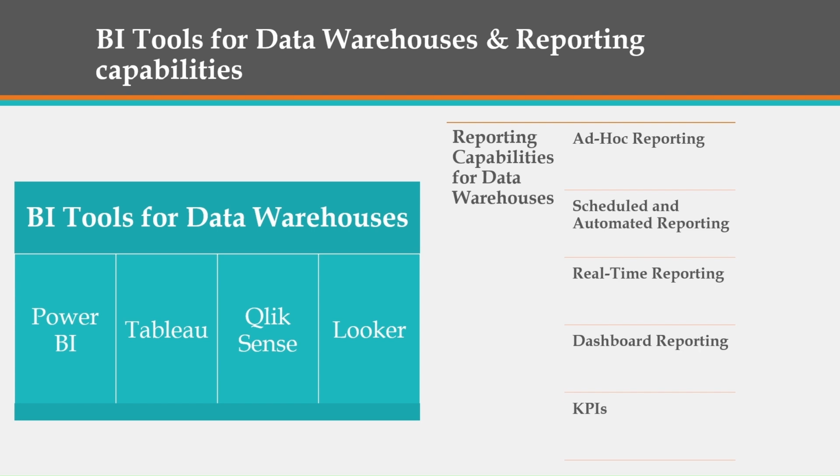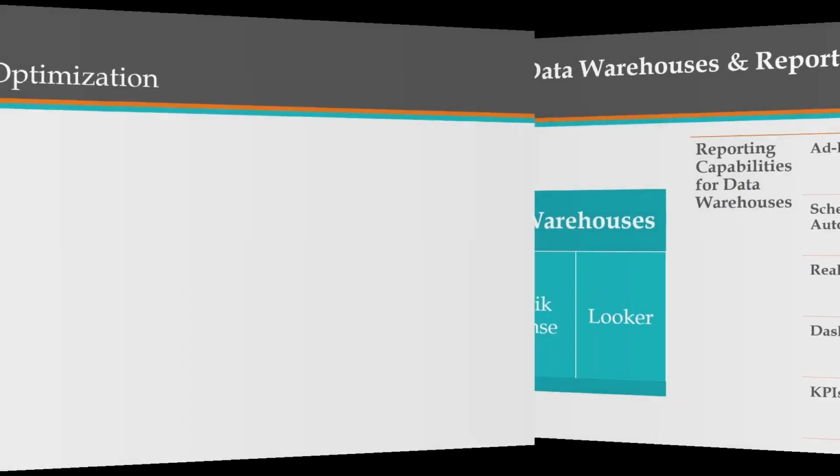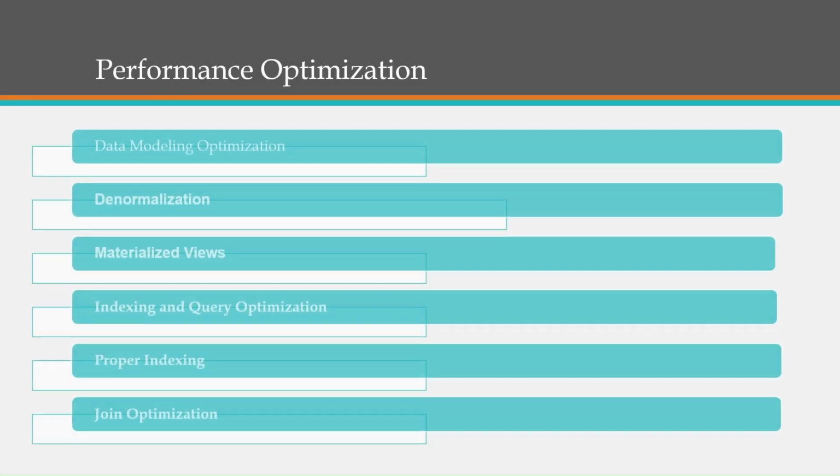A data warehouse supports several types of reporting capabilities, ranging from simple reports to advanced analytics, depending on the needs of the organization. Some common types of reports include ad hoc reports, scheduled and automated reporting, real-time reporting, dashboard reporting, and KPIs. Next is performance optimization.